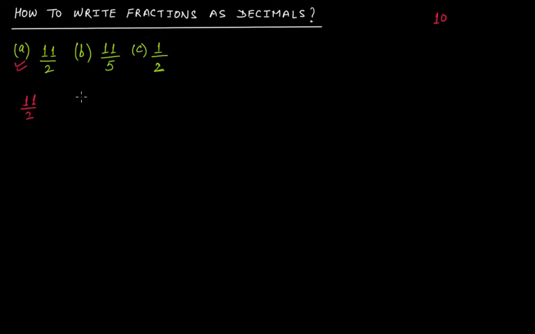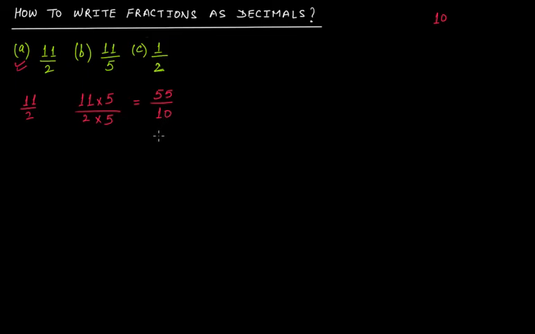Yes, we can. If we multiply the numerator 11 and the denominator by 5, then you get 55 over 10. So this 11 times 5 and 2 times 5 give us an equivalent fraction whose denominator is 10.